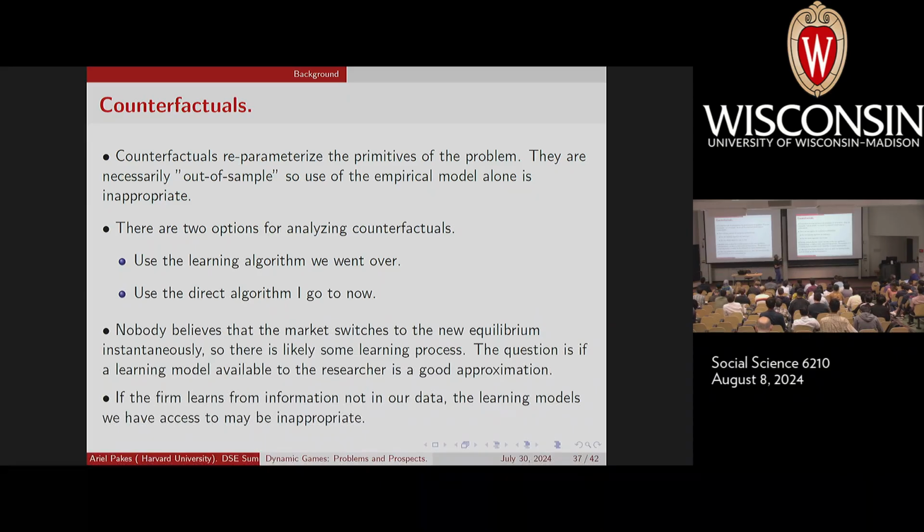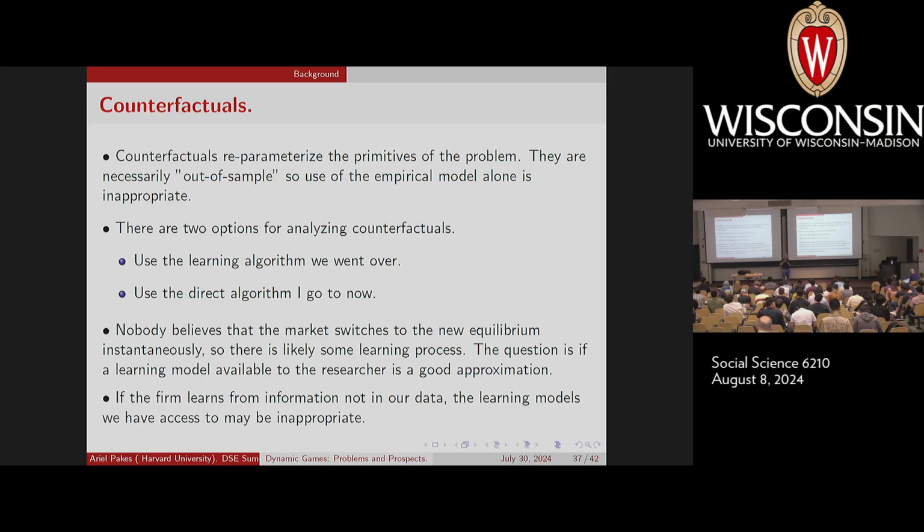So I'm going to give you an algorithm where I can compute it directly, so I'm not going to worry about the learning part, okay? I'm just going to assume that in the counterfactual I'm doing, you're in equilibrium, actually, in a boundary consistent equilibrium. So if we killed DTC today, we wouldn't expect to get there right away at least.